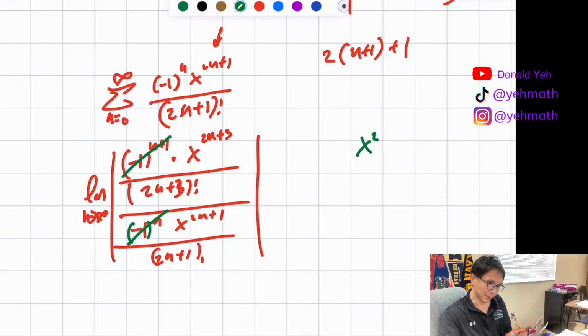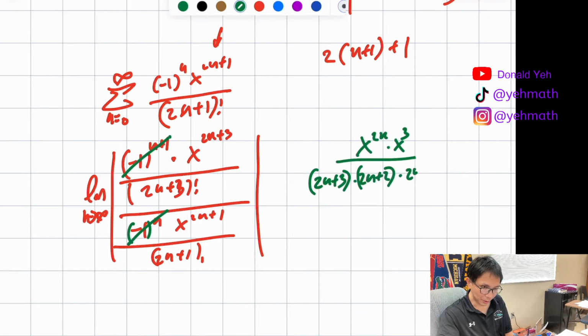Does that make sense? Actually, I'm just going to do 2n times x cubed. Over, be careful with this one, it'll be 2n plus 3 times 2n plus 2 times 2n plus 1. Does that make sense?